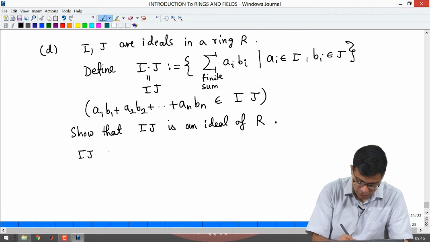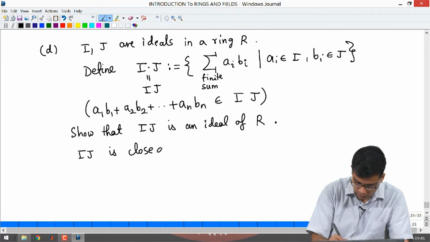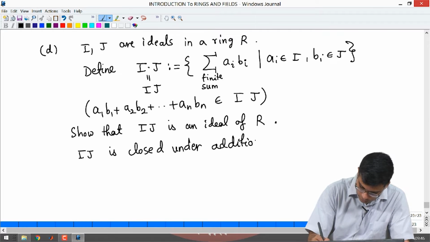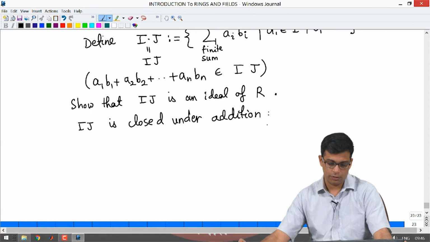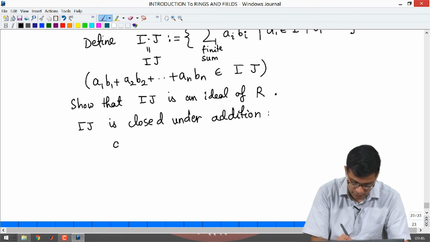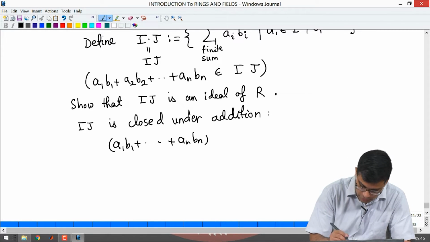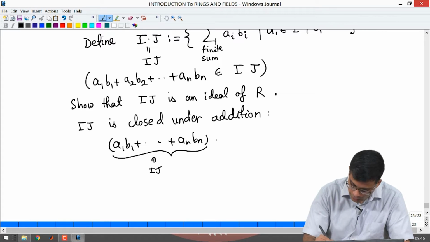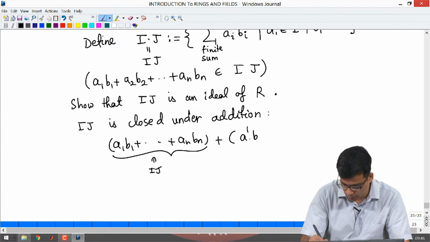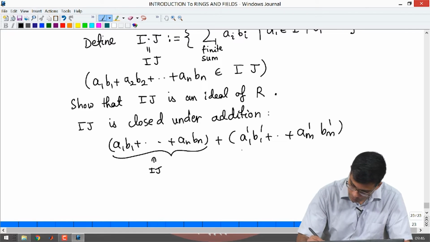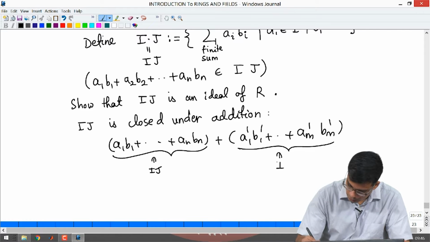IJ is closed under addition, because if you take two such things, say a_1 b_1 plus up to a_n b_n, this is in IJ, and let us take another one, a_1' b_1' plus up to a_m' b_m', this is another element of IJ.